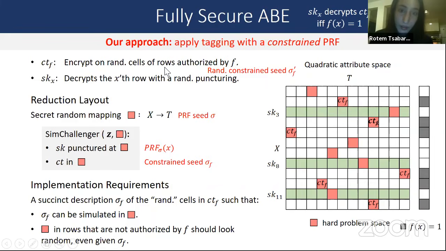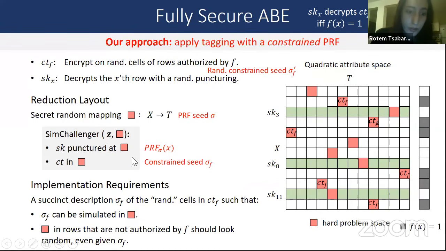This process of first sampling a fresh random seed corresponds to the process of sampling a random tag for the ciphertext when we were in the IBE context. So we sample this random seed, and then we compute from it the constraint seed for f. And in that way, it will later be indistinguishable from the simulated ciphertext.